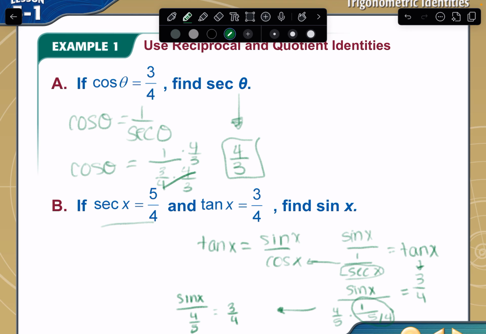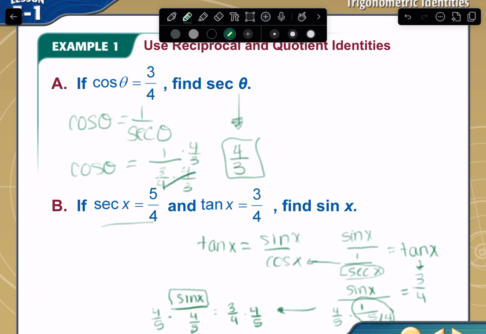From here, I need sine by itself. This is kind of weird because we normally, if it's division, talk about moving it over and multiplying by the reciprocal. However, if I need sine by itself, this is a division problem, so I'm just multiplying, not multiplying by the reciprocal.